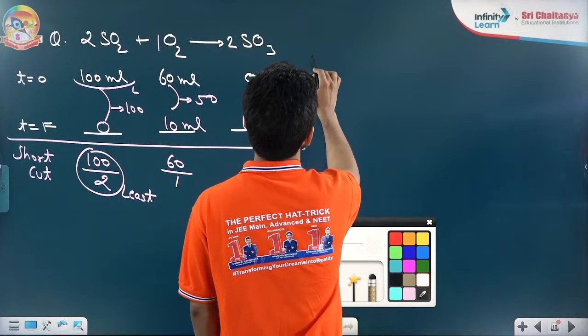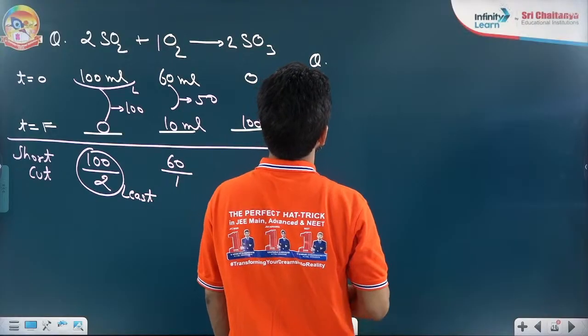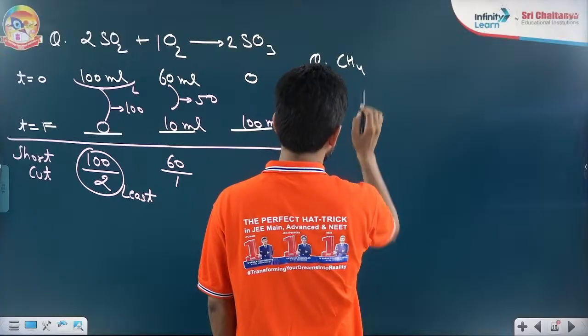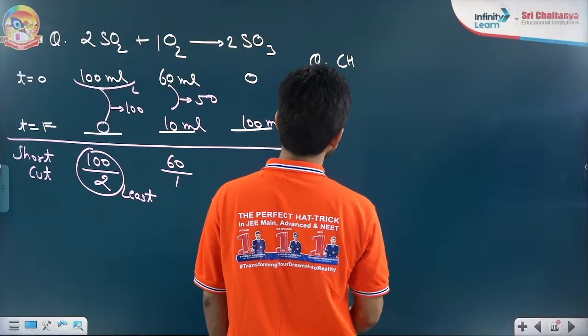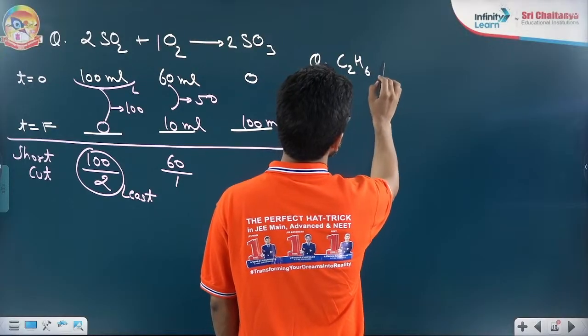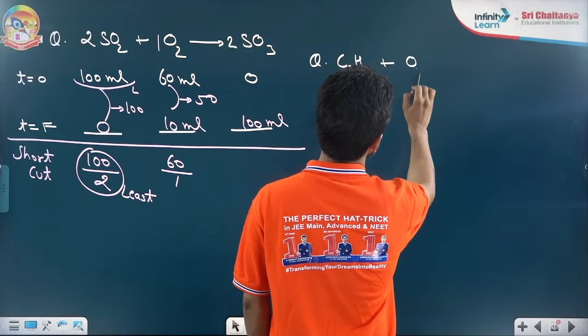Look at this. Here I am burning something else. Like, we have C2H6. You are burning ethane. You will balance it yourself.